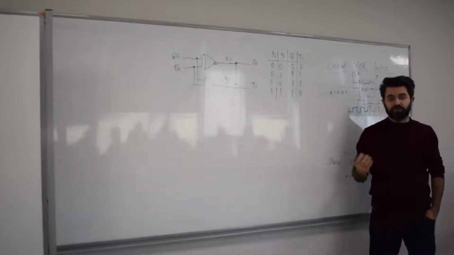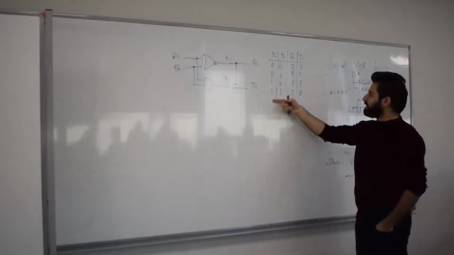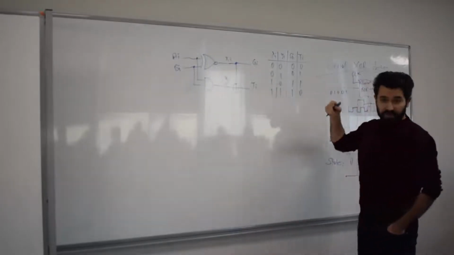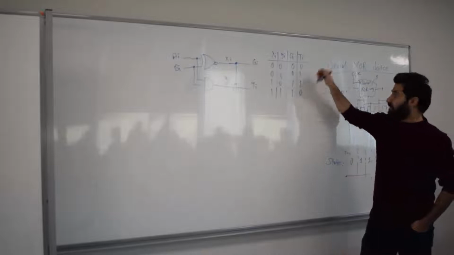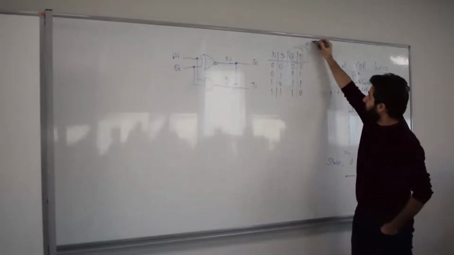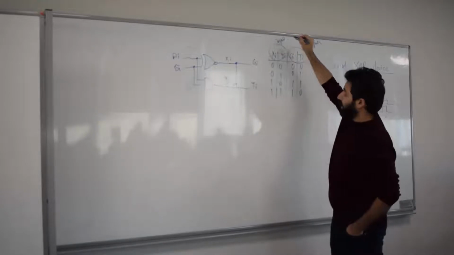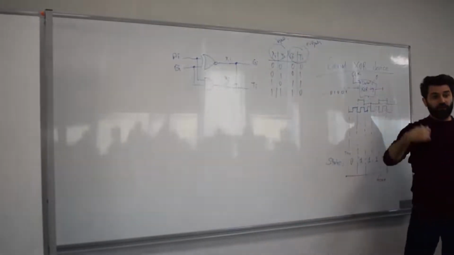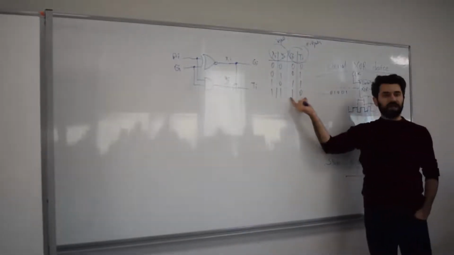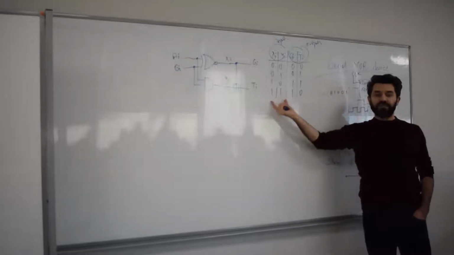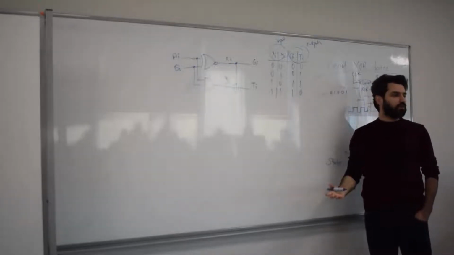That's the only difference. So if you look at this input-output relationship, these are outputs, by the way, and this is input. Remember the definition of being reversible: if you look at the output and you can uniquely determine the input, then it's reversible.